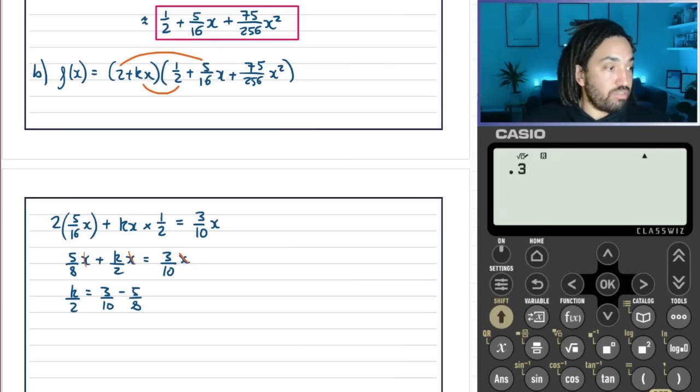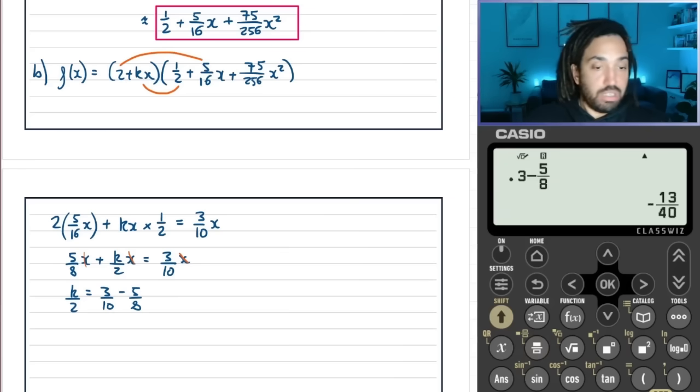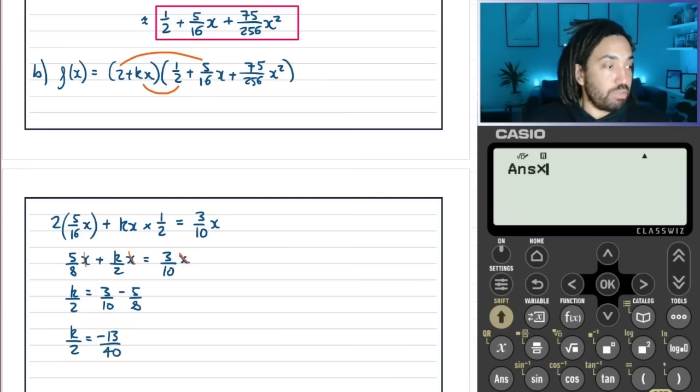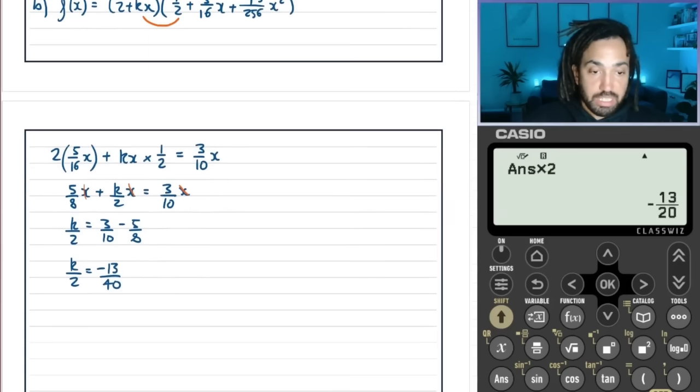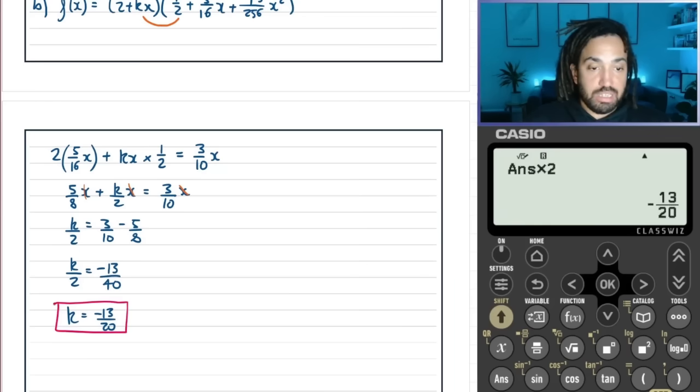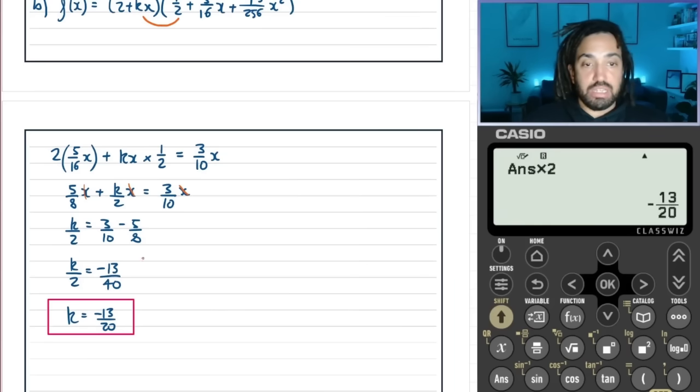So 3/10 minus 5/8. Okay, so therefore k over 2 is equal to minus 13 over 40. So times that through by 2, and of course we get minus 13 over 20. So k is equal to minus 13 over 20. Okay, perfect.